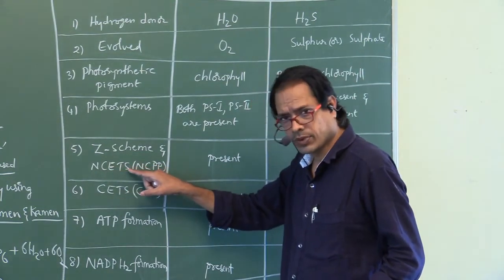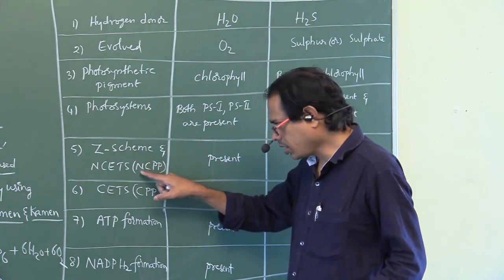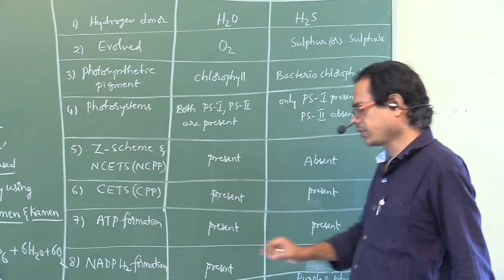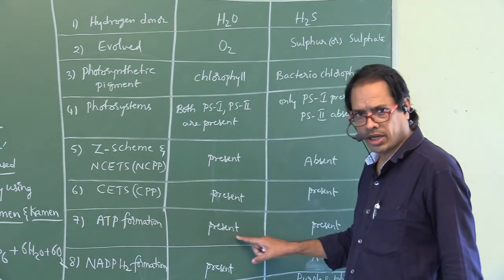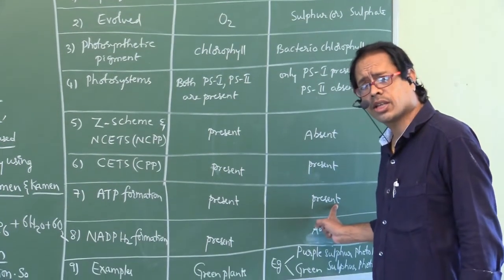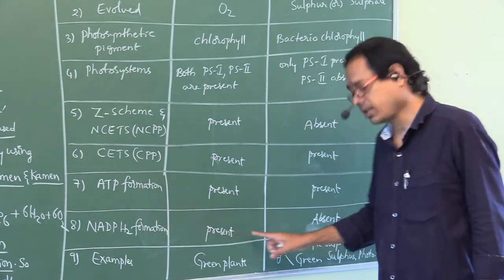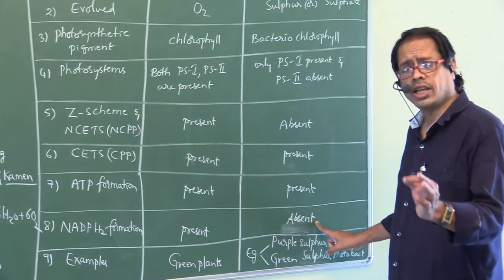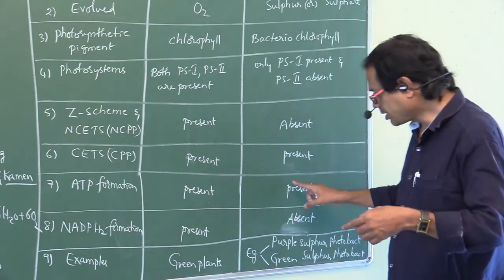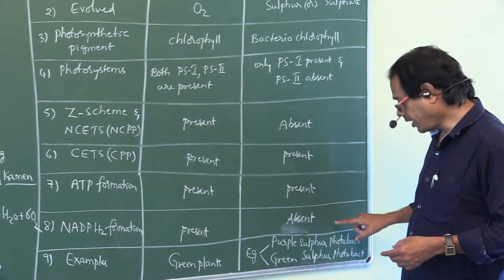Non-cyclic photophosphorylation is present in plants and absent in bacteria. ATP formation occurs in both plant and bacterial photosynthesis. NADPH2 formation is present in plants but absent in bacteria. So in plant photosynthesis both ATP and NADPH2 are formed, whereas in bacterial photosynthesis only ATP is formed and there is no NADPH2 formation.